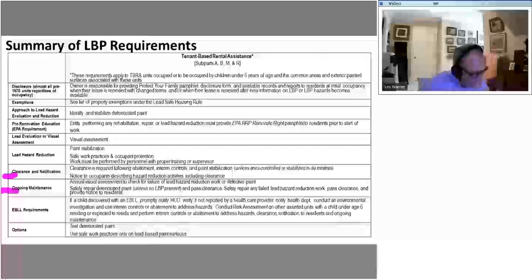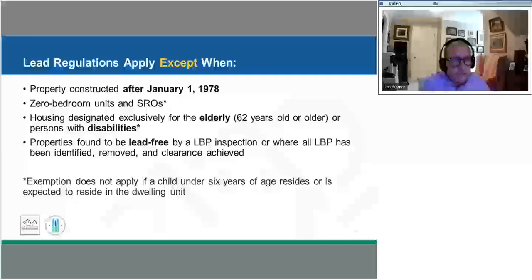But also, I'm going to see where that slide is. So here we go. Also keep in mind we have exemptions on the lead safe housing rule overall. If we have units that were constructed after January 1st, 1978, then we don't have to deal with the lead safe housing rule.